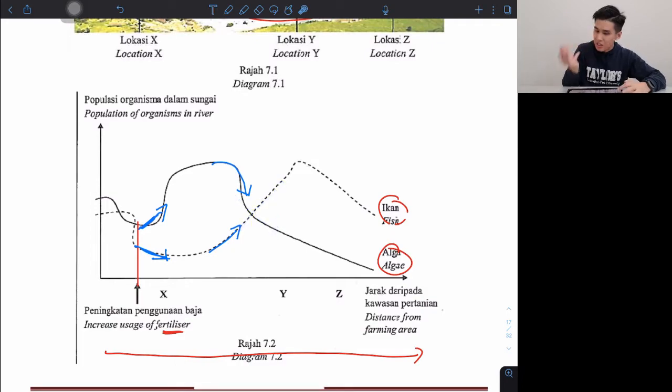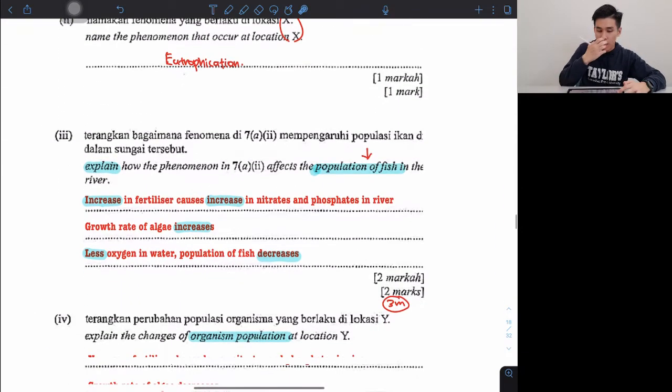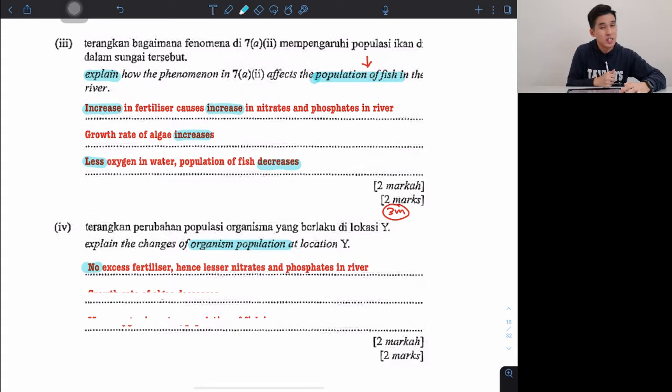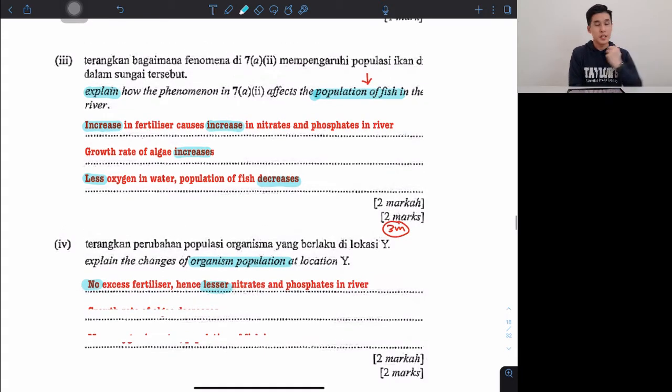So it's the opposite thing that happened, because here you have less fertilizer, therefore less nitrate and phosphate. So there is no excess fertilizer, hence lesser nitrates and phosphate in the river. And then no nitrate, no phosphate, no algae lor.